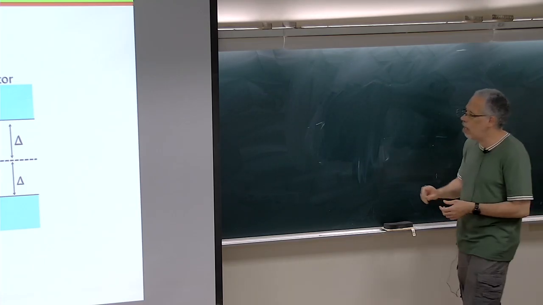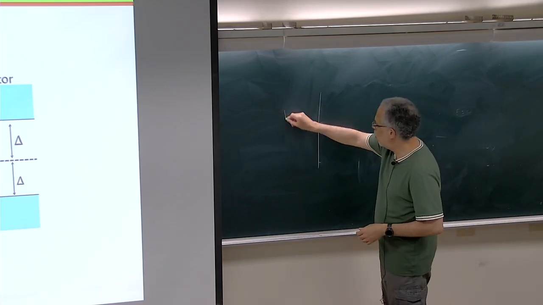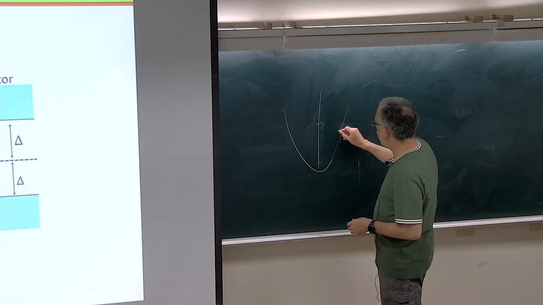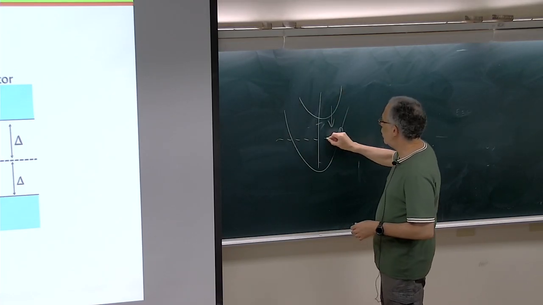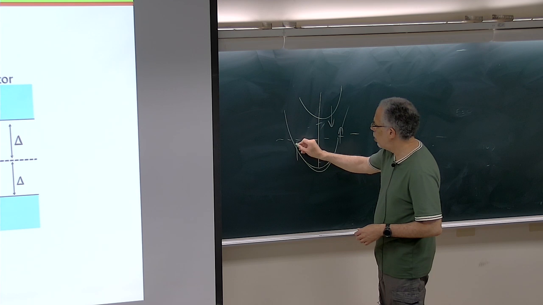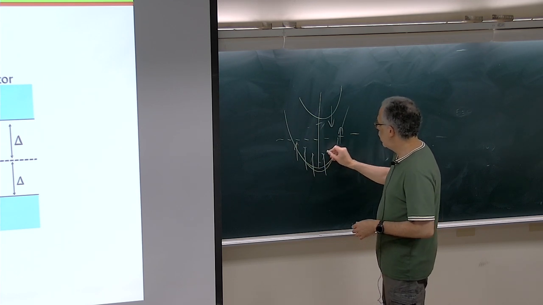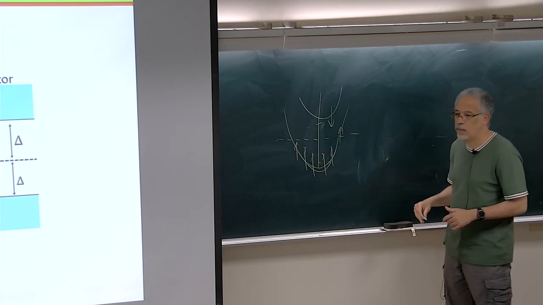In a half metal, you will have something like this. So this is, let's say, spin up. This is the one for spin down. But the Fermi energy is here. So you have only spin up. So this is 100% polarized.